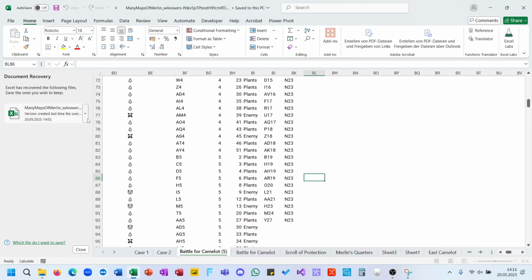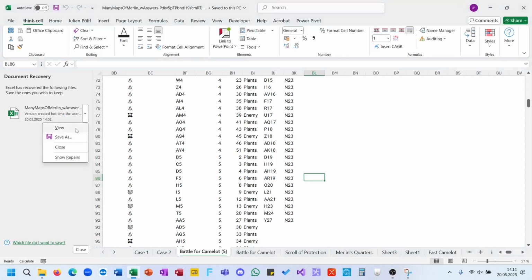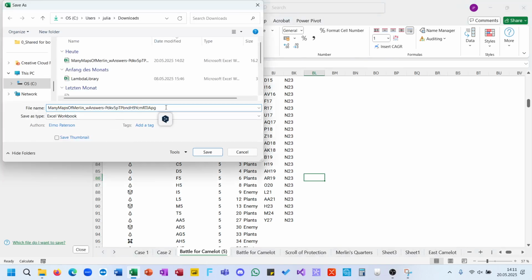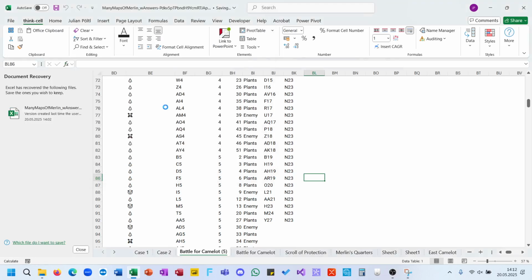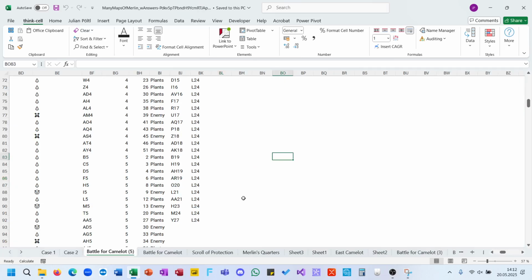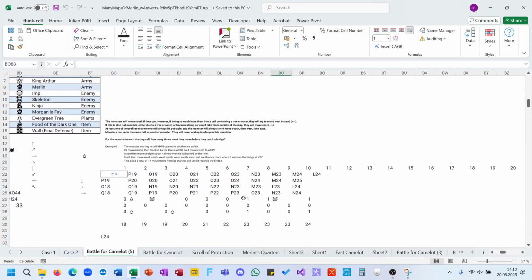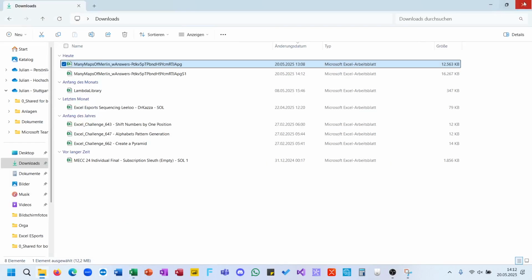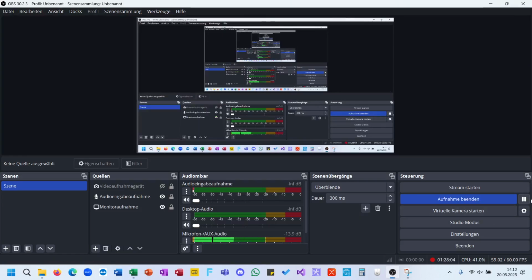Oh boy. Yeah, okay, I've lost 10 minutes. This Excel stuff is... Okay, let me quickly restore it.